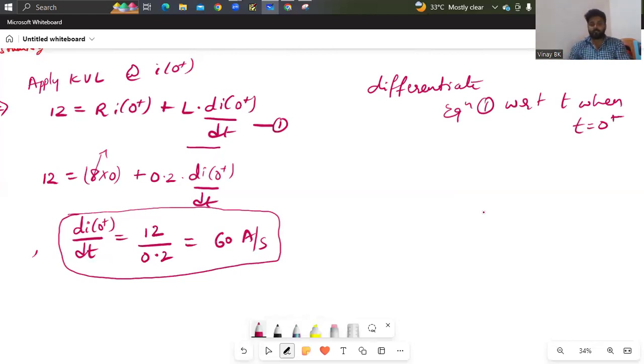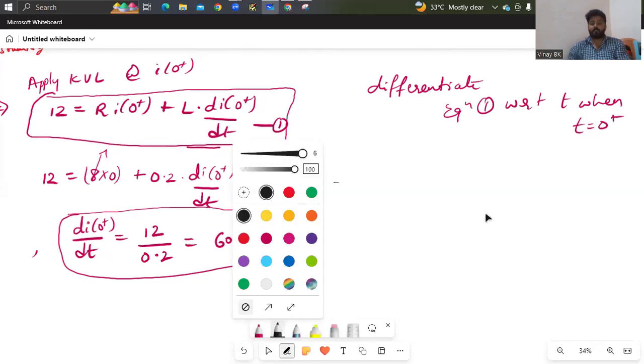So now the differentiation of this equation 1 is 12 equals R into I of 0 plus, differentiated with respect to t. So that you can see the differentiation.